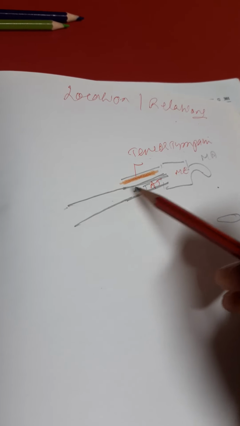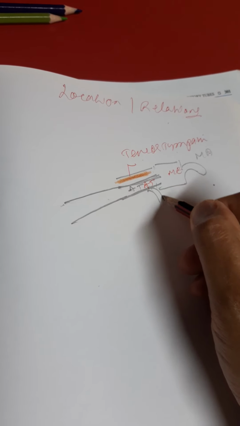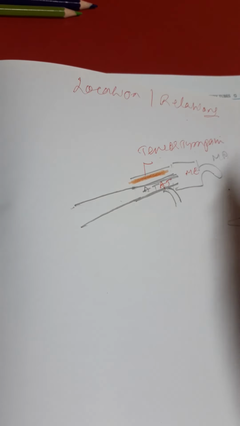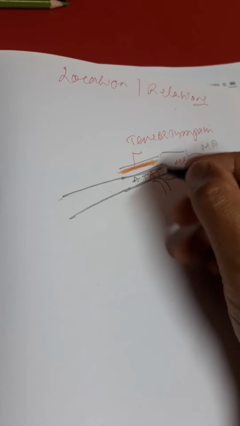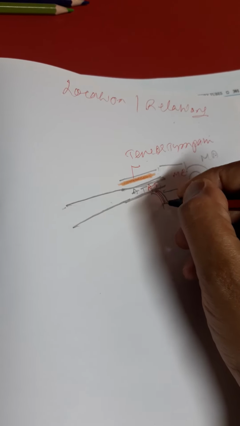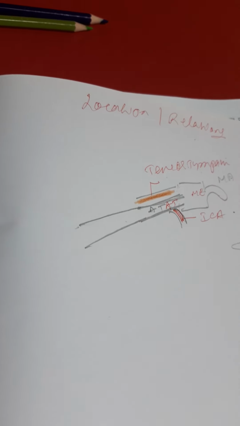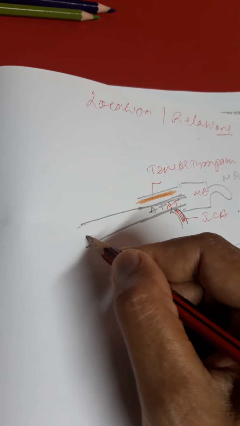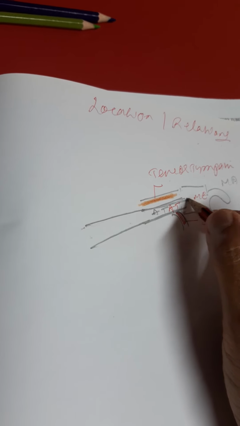The one below is the bony part of the auditory tube, and below that, the anterior plus inferior wall will be the carotid canal, which carries the internal carotid artery. Now, this is the pharyngeal end, and this is the tympanic end of the auditory tube or pharyngotympanic tube.